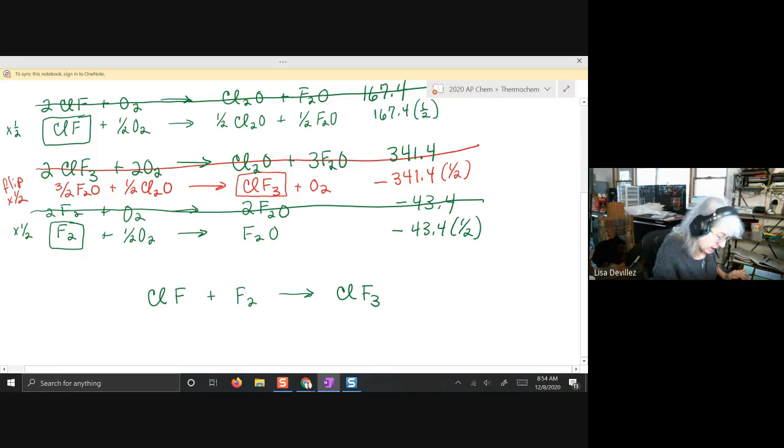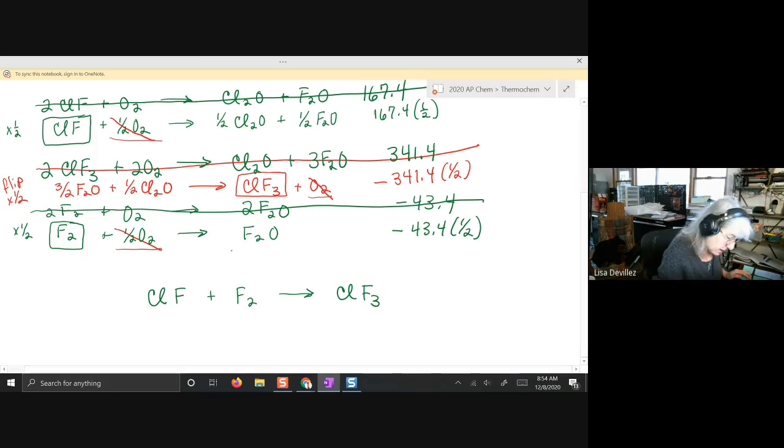So now we need to see if everything else is canceling. Alright, so what do I got? For the O2s, I have a 1/2 and a 1/2 on the reactant side, and then I have a 1 on the product side. So these 2 on the reactant side cancel that 1 on the product side.